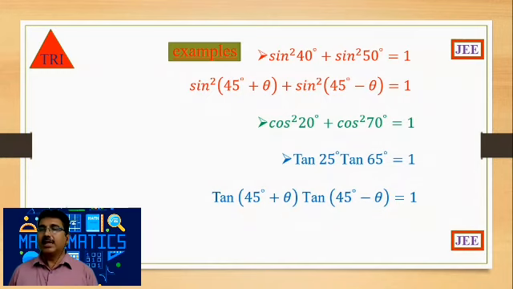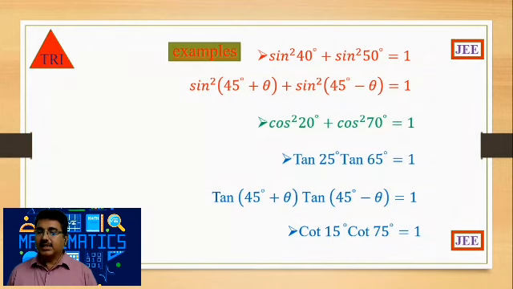Similarly, cot 15 degrees into cot 75 degrees. Cot 75 degrees is the same as tan 15 degrees, so cot 15 degrees into tan 15 degrees is equal to 1.